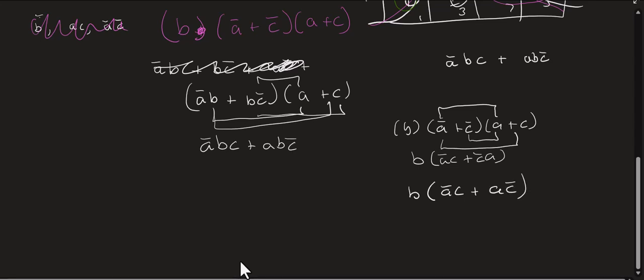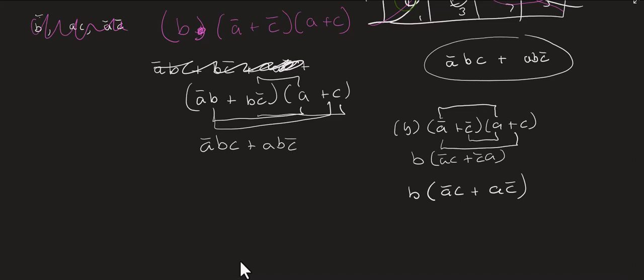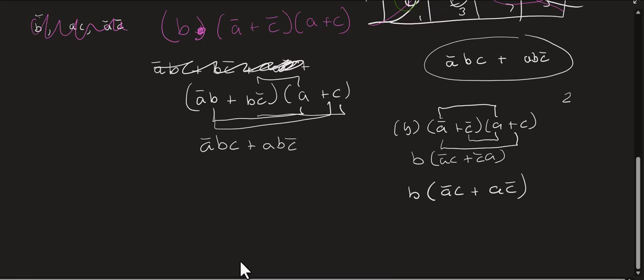Now, just for fun, how many gates and how many inputs into those gates do I use for this? What do I need to make that? You need 3 gates. You need 2 AND gates. Yeah, two 3-input AND gates. And then 1, 2-input OR gate.